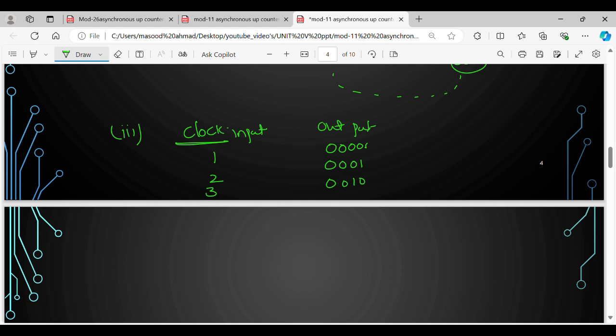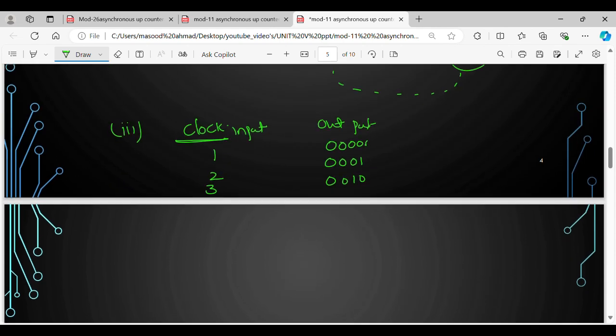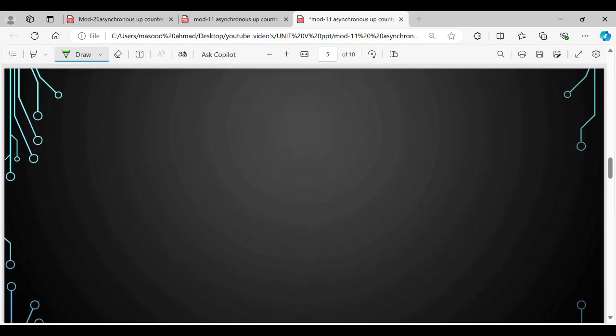Now for this we need to write the full truth table. I will show the full truth table on the next page because there is no space. I write the clock input, then the flip-flop states, that is the output. The state of the flip-flops, with 4 flip-flops, are QD, QC, QB, QA. The clock input is CLK.